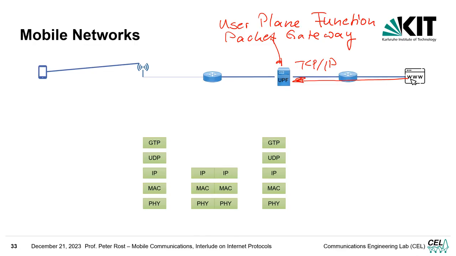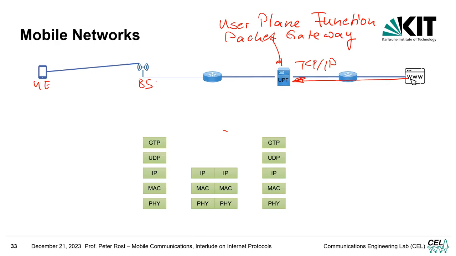The UPF would see the IP address and know, okay, the IP address belongs to a certain user terminal down here, and then it would know, okay, it belongs to a certain base station where this UE is connected.